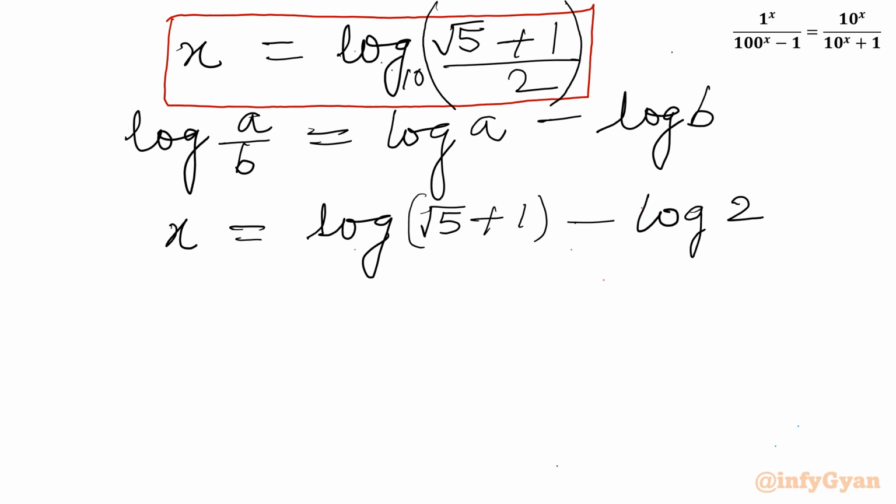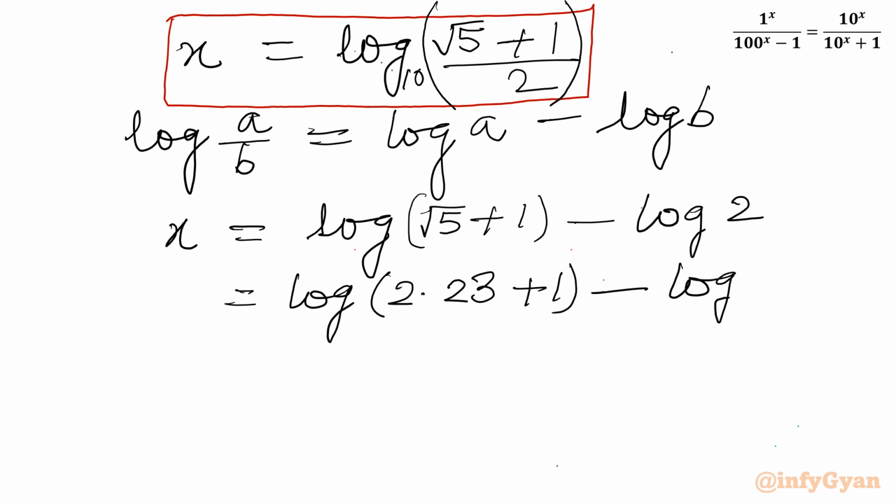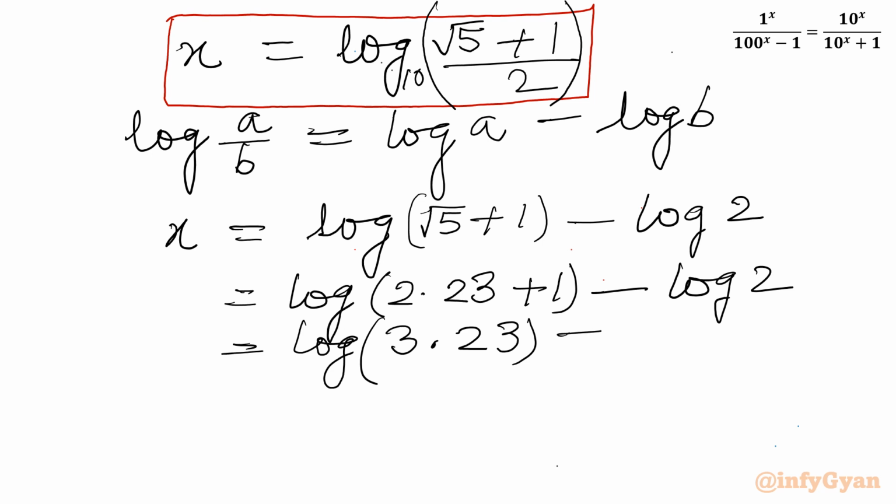Base is 10. Now root 5 is approximately 2.23. So I can write the approximate value of root 5, 2.23 plus 1, minus log 2. So we can write log 3.23 minus log 2.